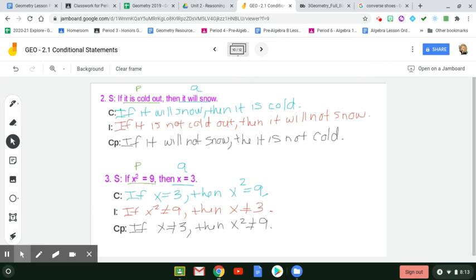So I just kind of changed the words around, but really nothing has changed in terms of what was happening in the problem. I just flip-flopped the hypothesis and the conclusion.